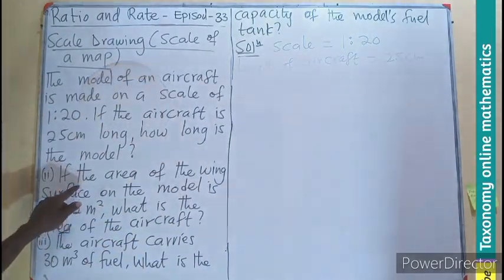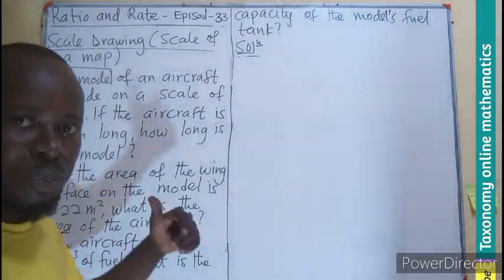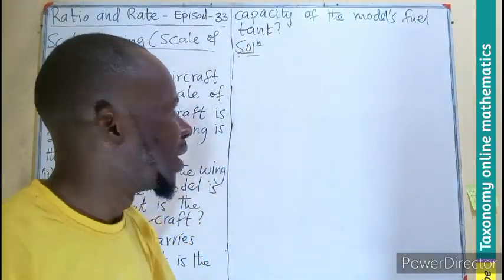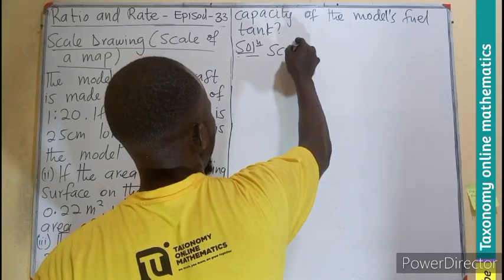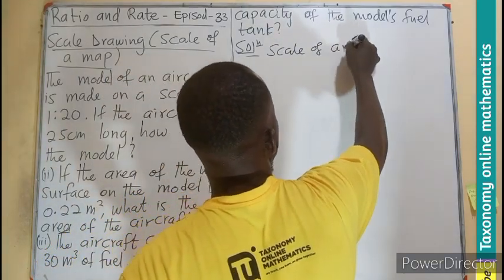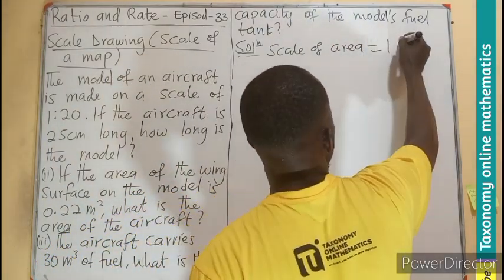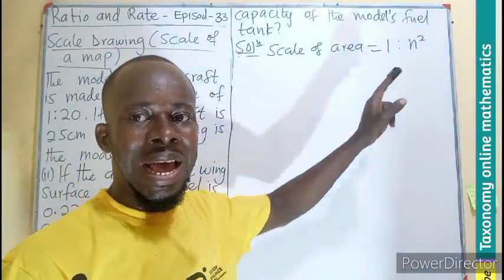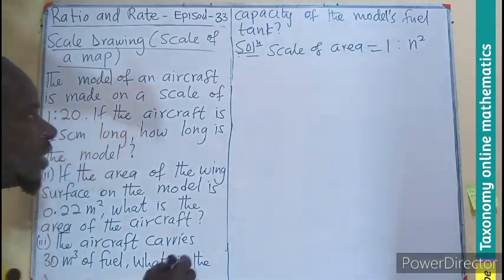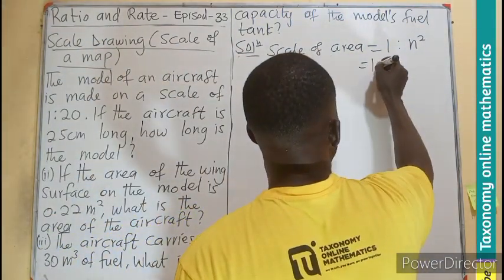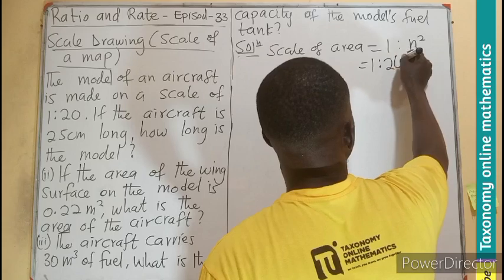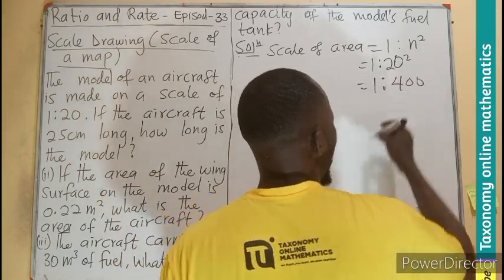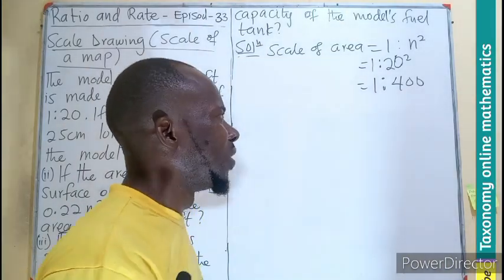Alright, pertaining to this, if you remember in our introduction lesson, we mentioned the scale of an area. We can say that scale of area equals 1:n squared, and this n is our 20. So we have 1:20 squared, which is the same as 1:400, right? 20 times 20.